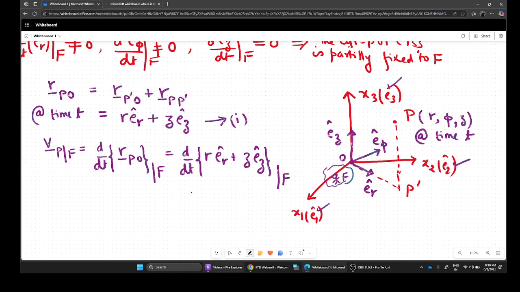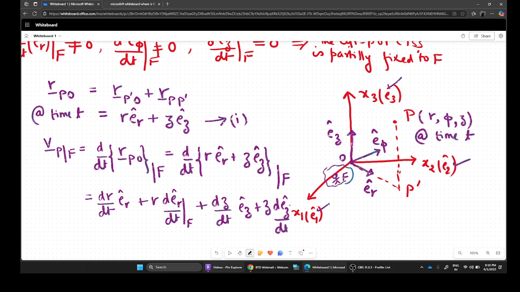You can ignore them, but here some of them may be non-zero, so we will be more careful. So first I write all the terms that I will get from this derivative. Right, 4 terms I get.